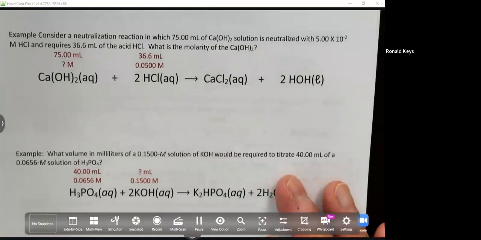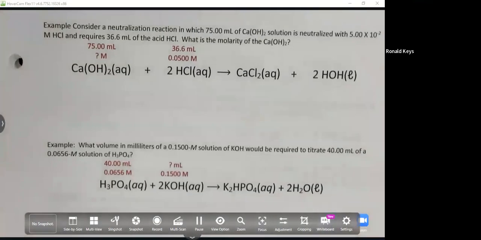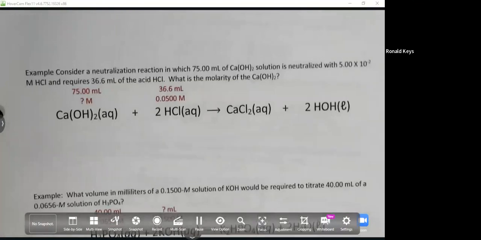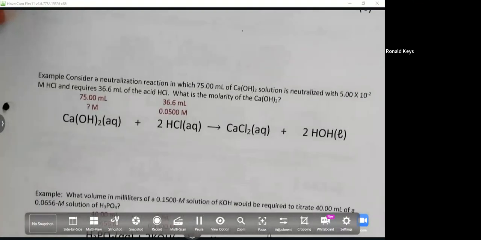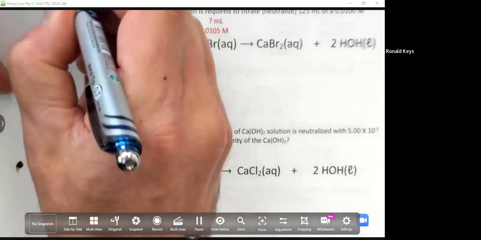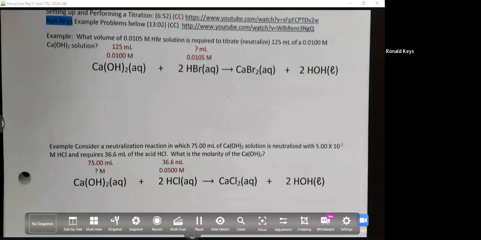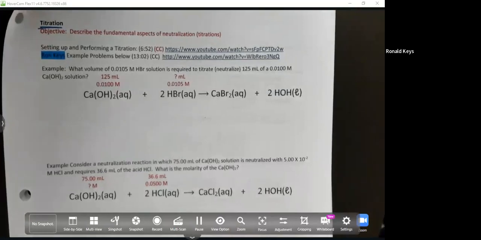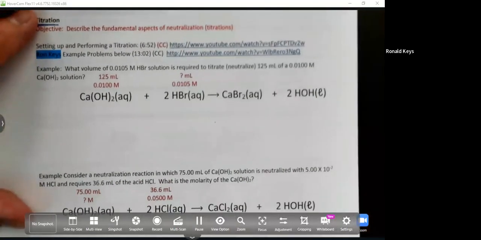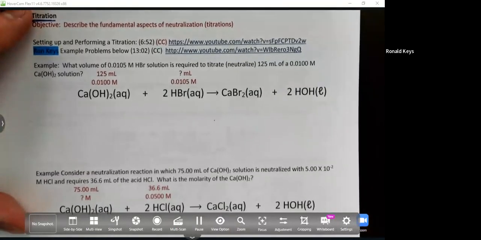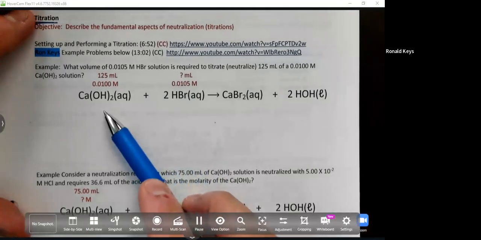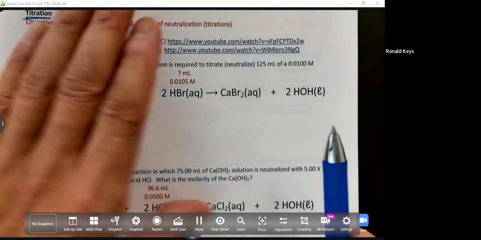Okay, let's go to, here's some acid-base ones. You're doing titrations today. Now, titration, you're going to use the burettes. You're going to add the exact amount of acid or base. Typically, you're adding base, the exact amount.